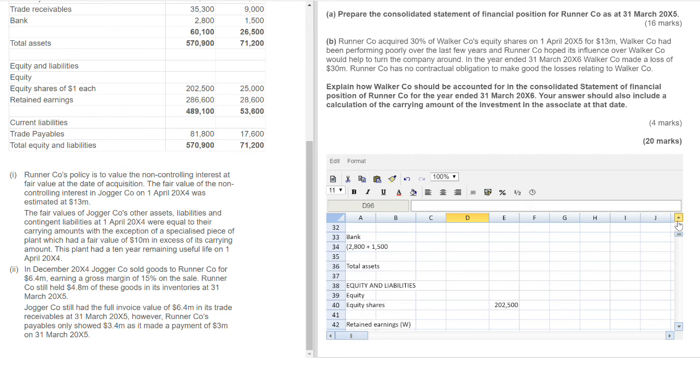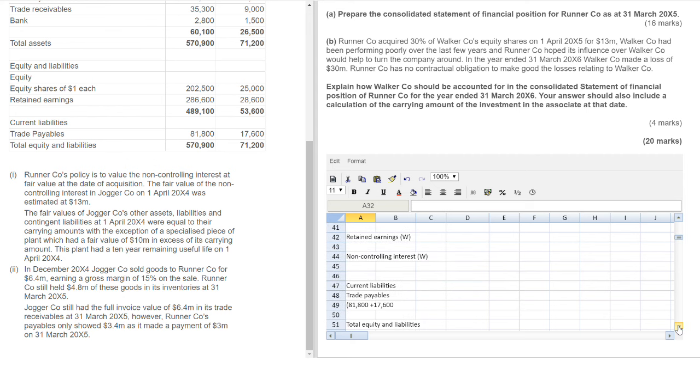What have we got? Okay, so let's look at receivables and bank. It says Jogger had the full invoice value of 6.4 million in its trade receivables. So I think we're going to have to remove that, aren't we? Okay, so within receivables, we're going to have to remove the 6,400. However, Runner's payables only showed 3.4 million.